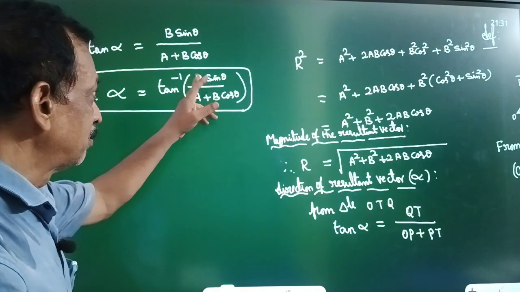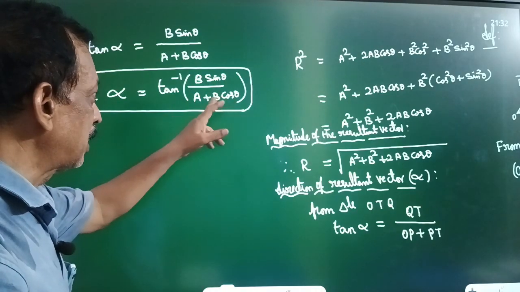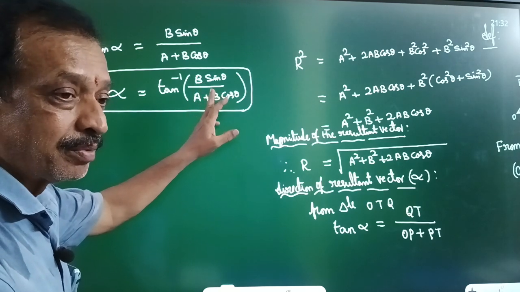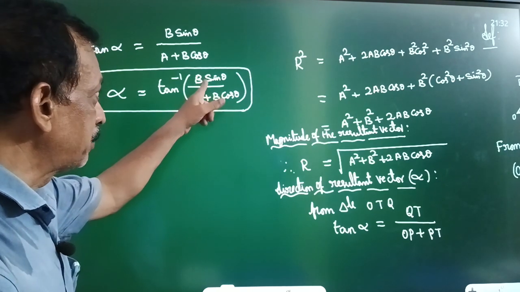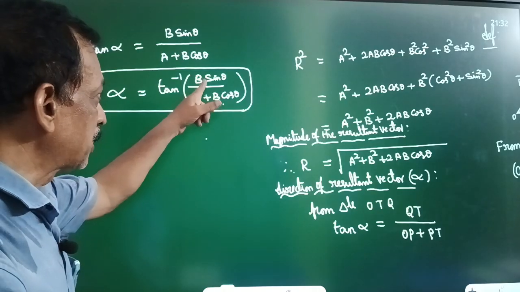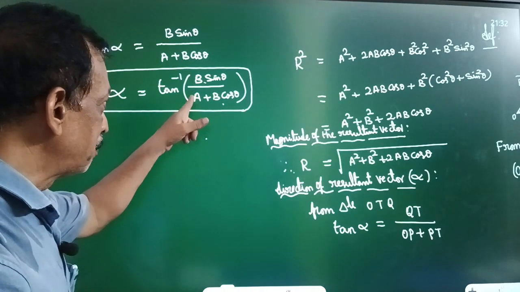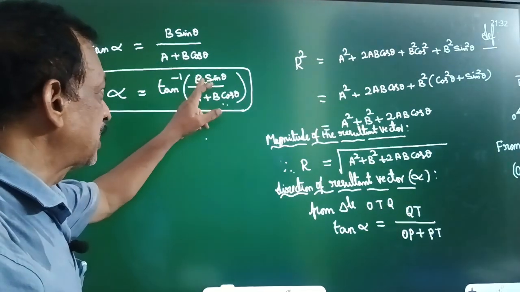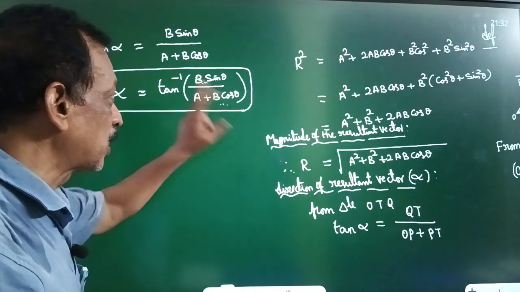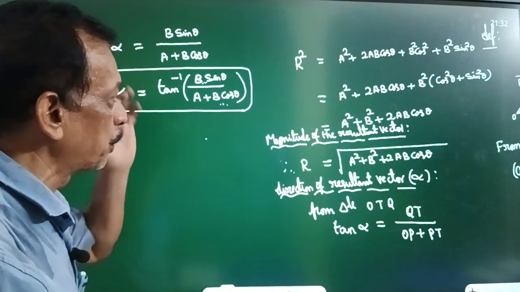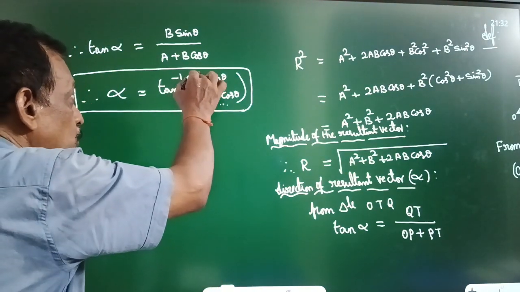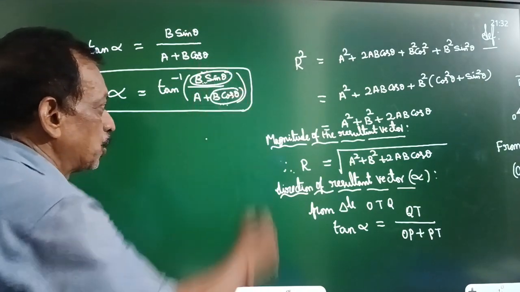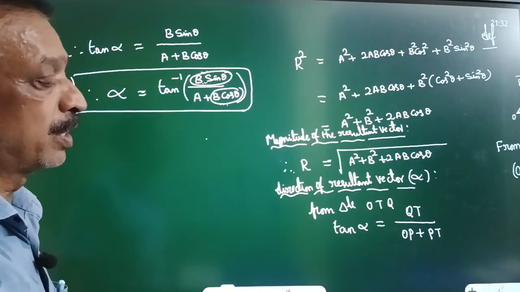If they write B sin theta, then B plus A cos theta, that is wrong. So B sin theta means automatically B cos theta will be there. If it is A sin theta, it should be A cos theta. Remaining part can be anything. Understand? You have to remember these two things. That is the direction of the resultant vector.